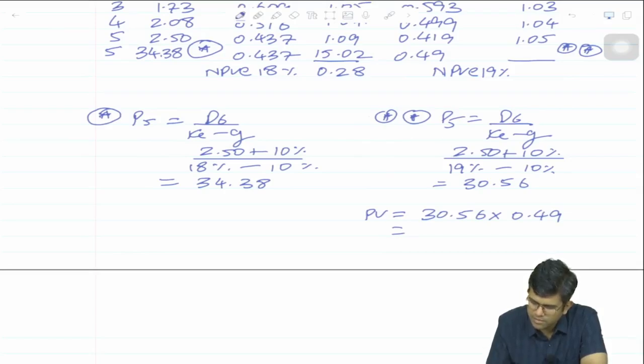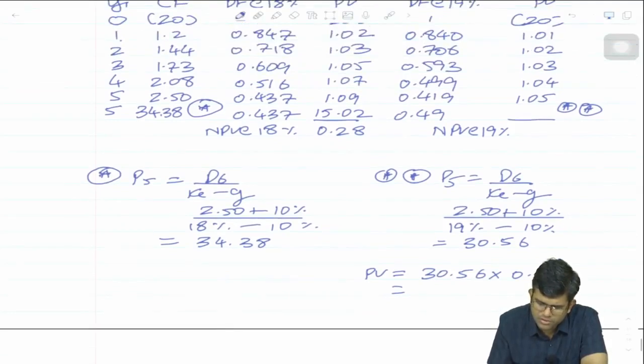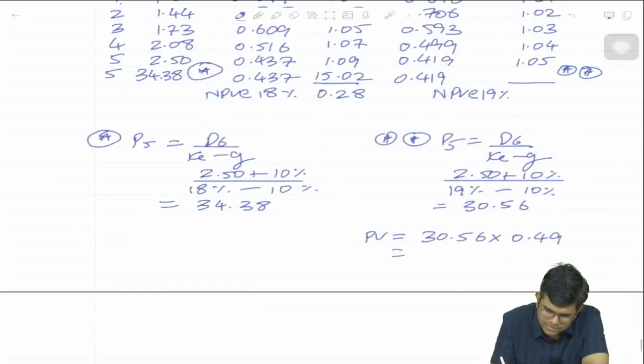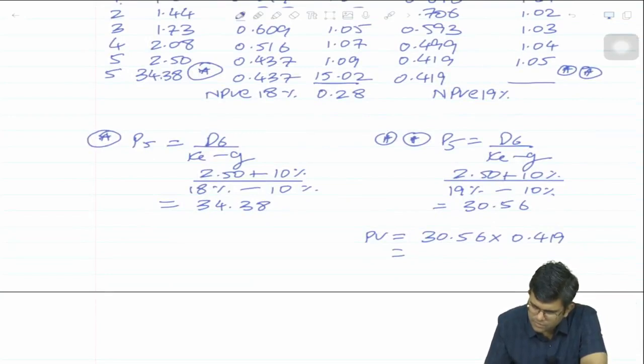Sorry, this is not 0.49, this is 0.419. So 30.56 into 0.419, it is 12.8.